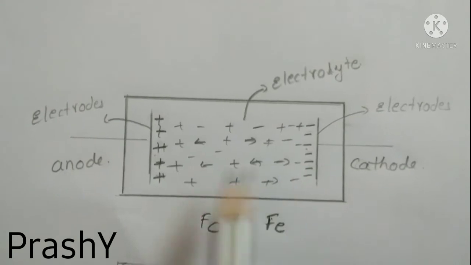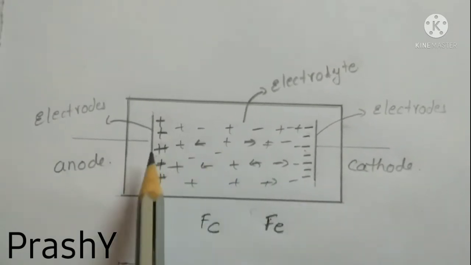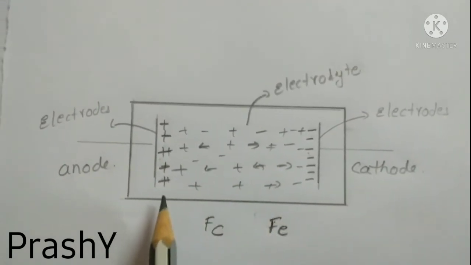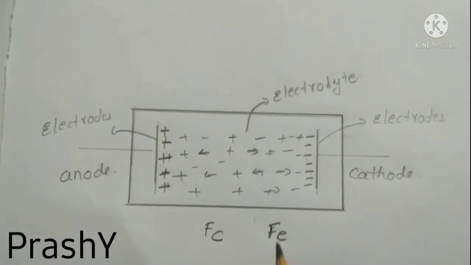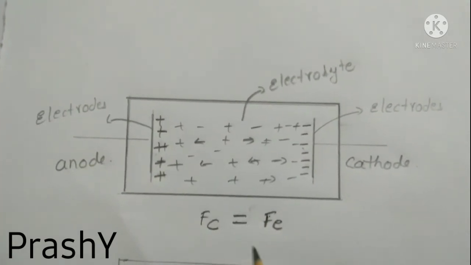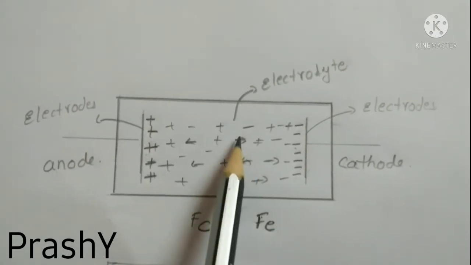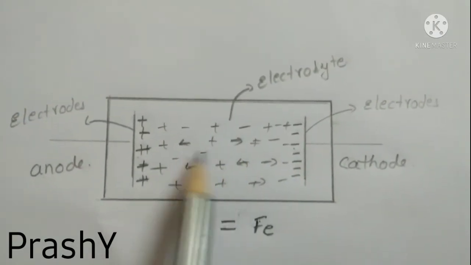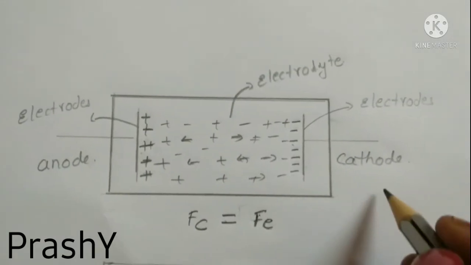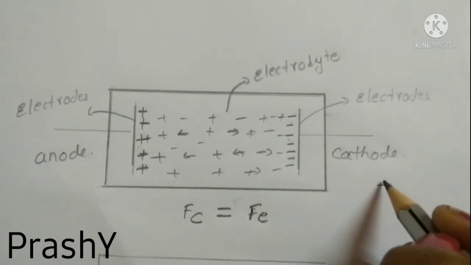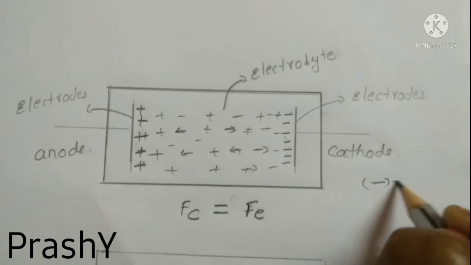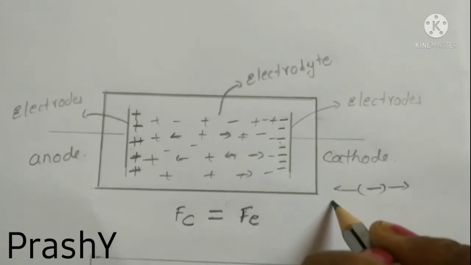The process of accumulation of charge will continue till equilibrium is attained between the two forces. That means until Fc is equal to Fe. At this situation, the ions will not move due to balanced forces. So on each ion, for example a positive ion or a negative ion, two equal and balanced forces will act.